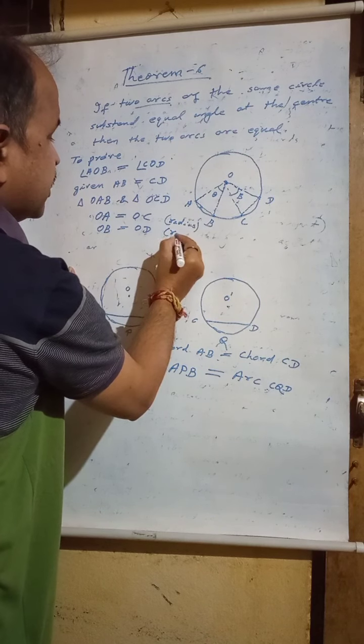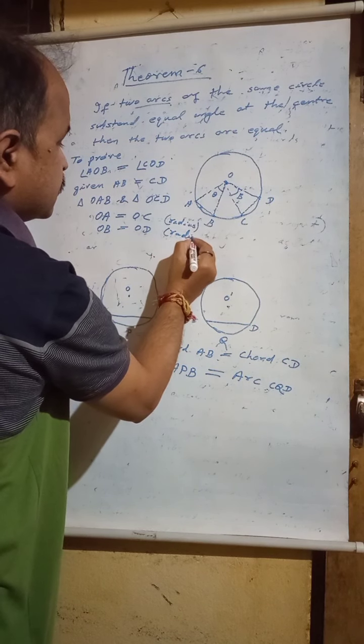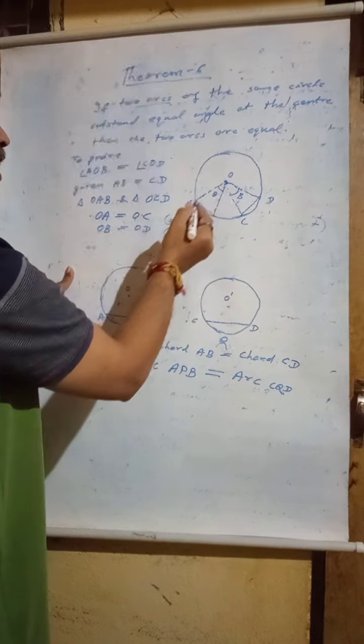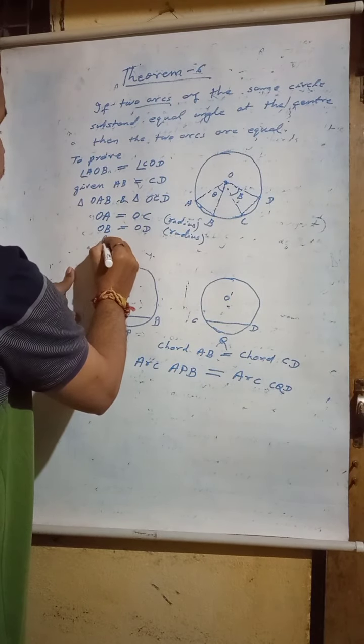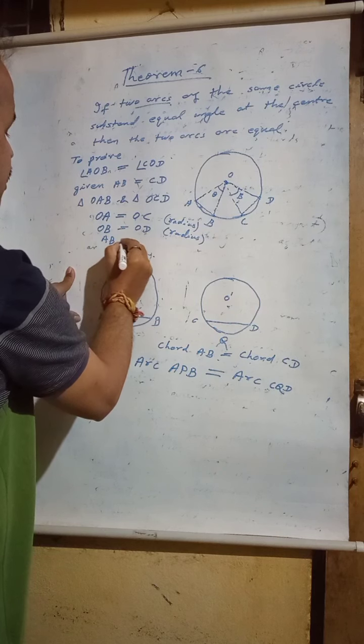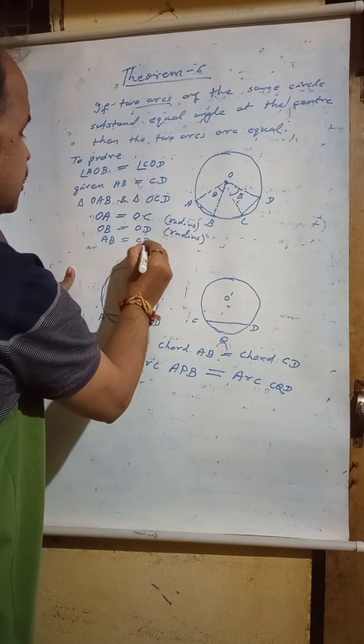It is also radius. Then another is AB equal to CD, which is given.